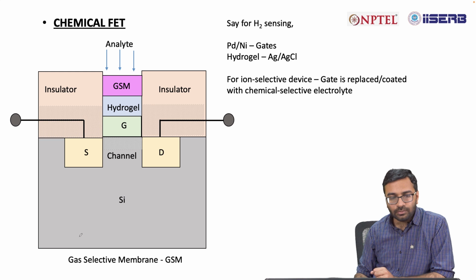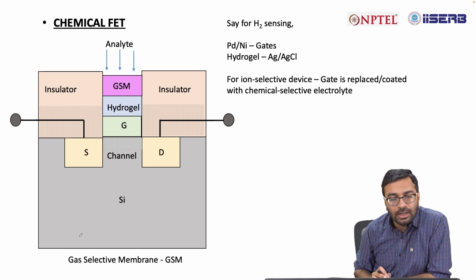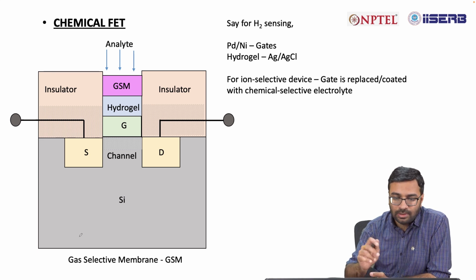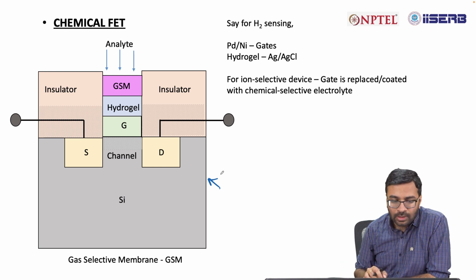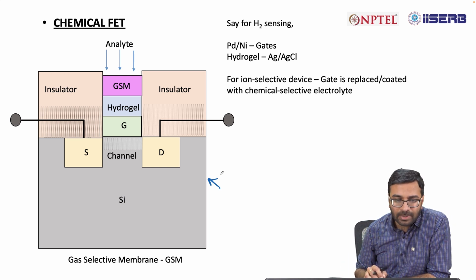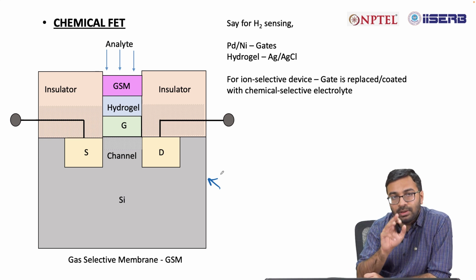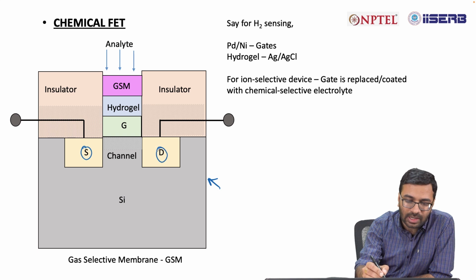Okay. Apart from that, you will also find that there are different electronic device based chemical sensing. Here a schematic is shown which shows a chemical FET, field effect transistor. Field effect transistors actually have electrodes: source, drain, gate.